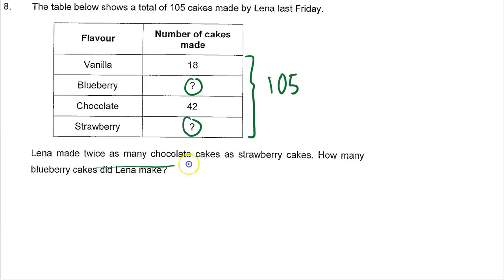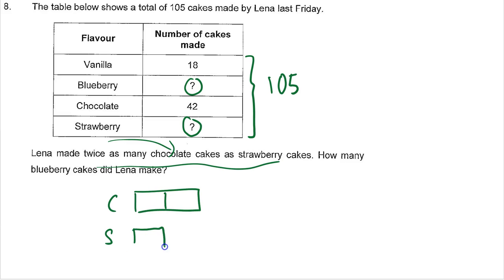Lena made twice as many chocolate cakes as strawberry. So chocolate is the one that's twice, whereas strawberry is a single unit. They asked how many blueberry cakes Lena made altogether. Now you do not know how much this figure is.